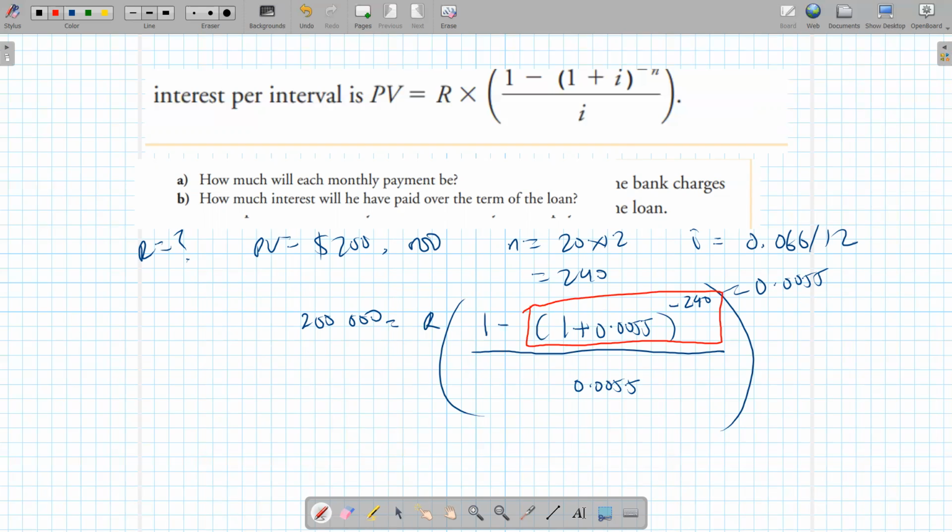0.268. Nope. Did you do 1.0055? I think so. To the power of negative 240, yeah? Not positive, to the power of negative 240.